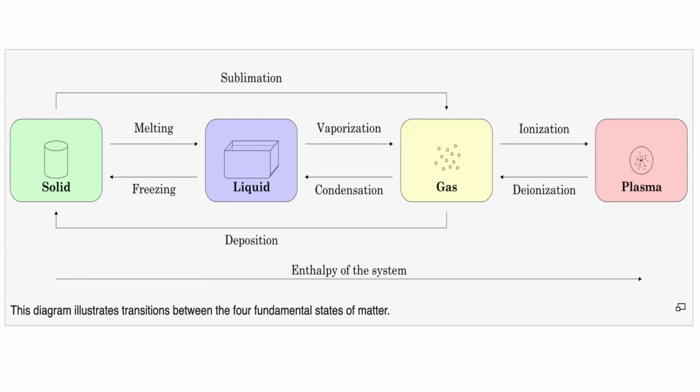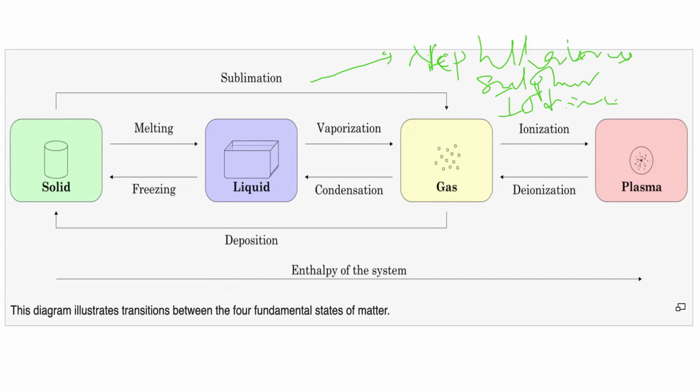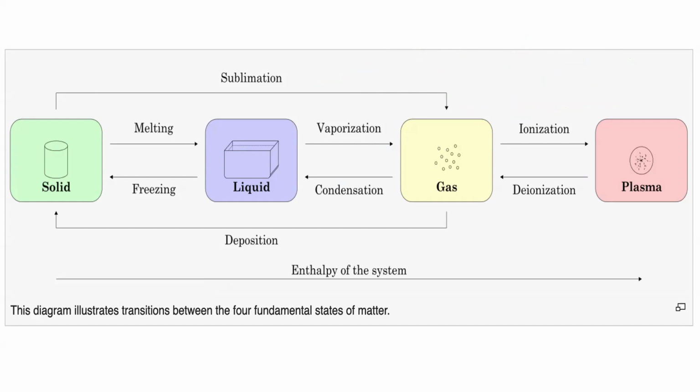We have examples of substances that can undergo sublimation, like naphthalene, sulfur, and iodine. So naphthalene, sulfur, and iodine are examples of substances that can easily change from solid to gas.